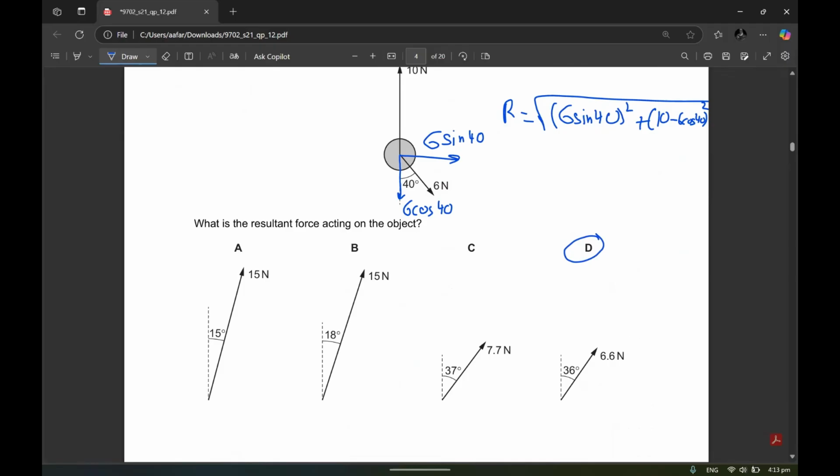Yep, I think it's this one, the one on the left.